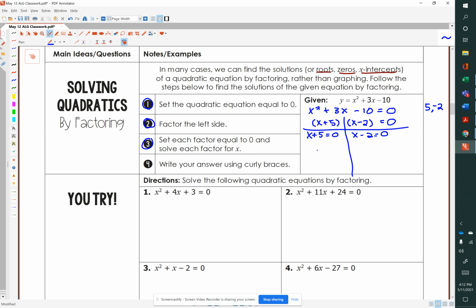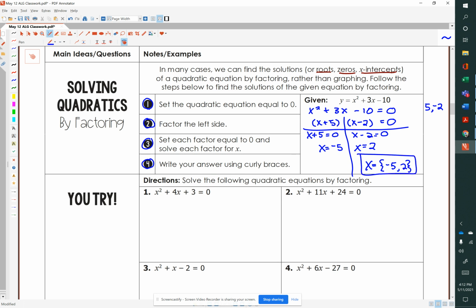In the first case, on the left, x will equal negative 5, and on the right, x will equal 2. Then we can write our answer in set notation using those curly braces. x equals the set of all numbers such that x equals negative 5 and positive 2. And that's our final answer.